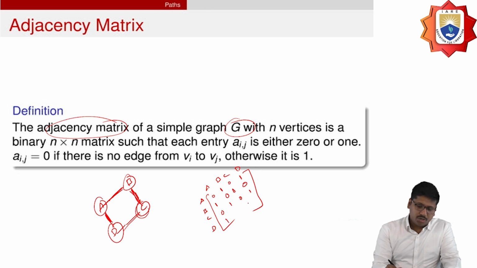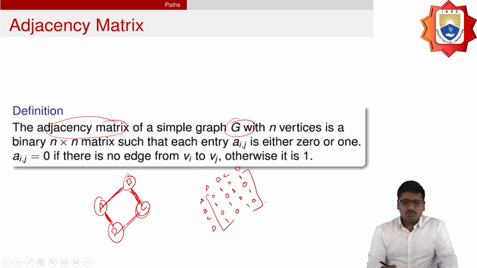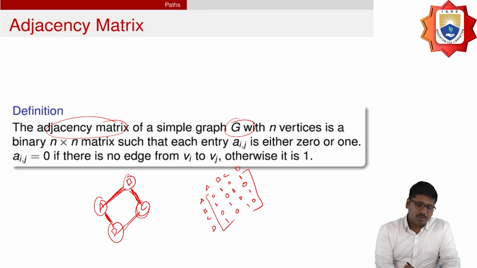And for D, DA and then DC. So like this we represent it. Whenever there is an edge between two vertices, it is represented as 1. If there is no edge, I represent it as 0.